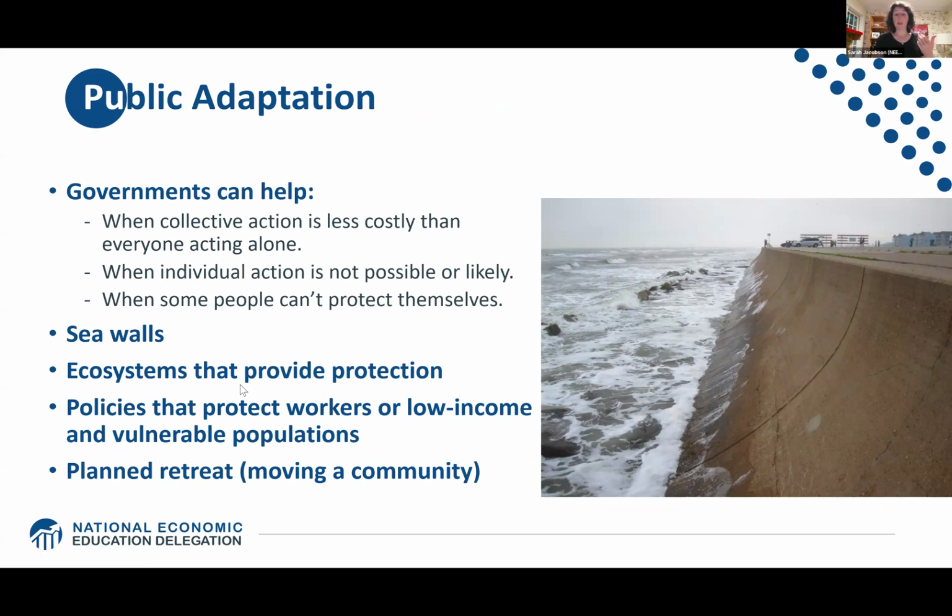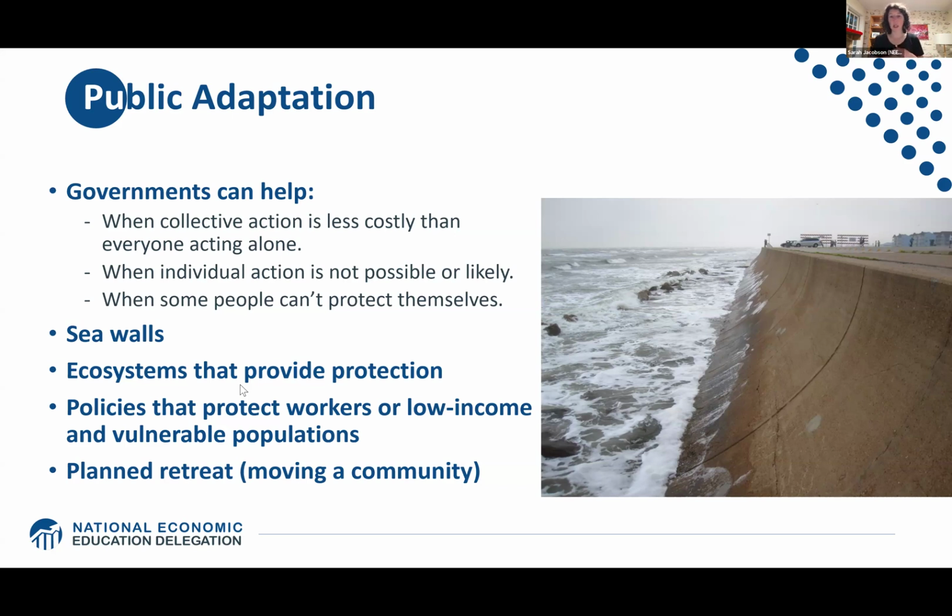So examples might include that it is more costly for a bunch of individuals to build separate seawalls versus for a community to build one protective seawall together. And certain forms of adaptation, like building a wetland that is going to reduce coastal damages, are not really something individuals can do. That's something a community has to do together.